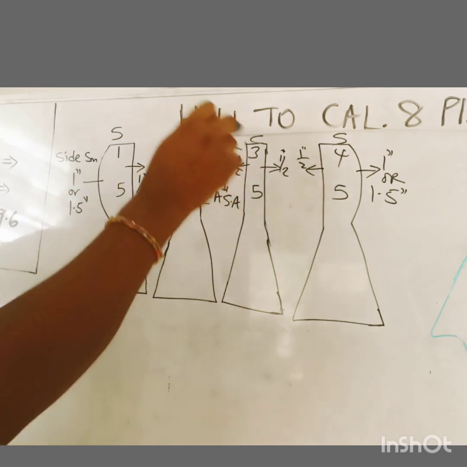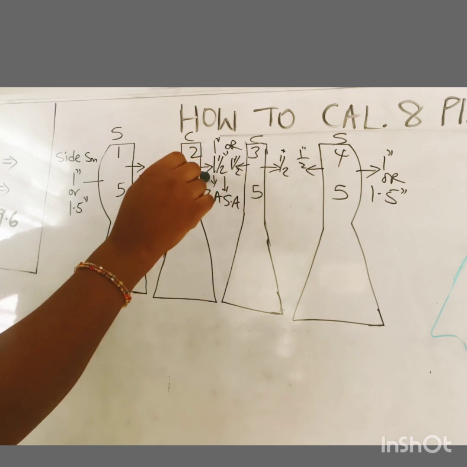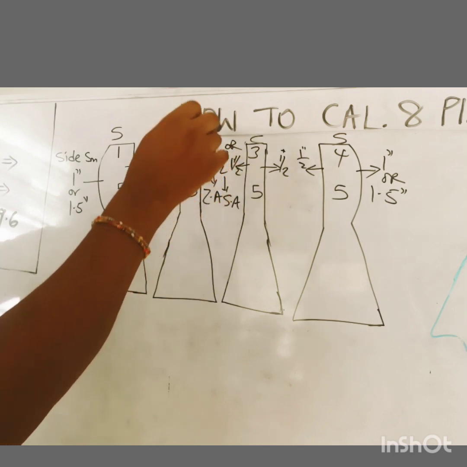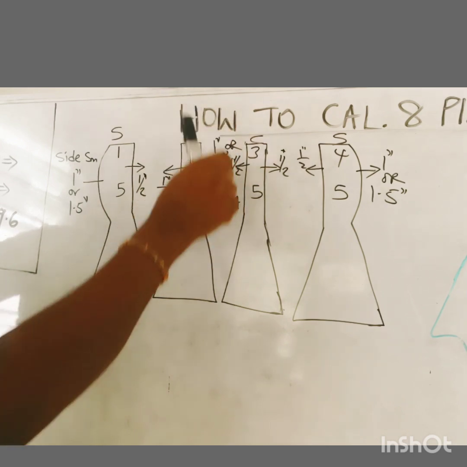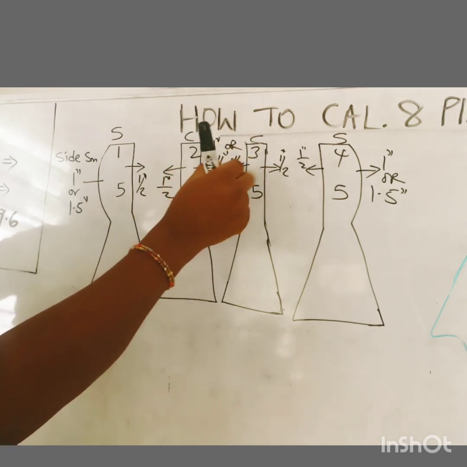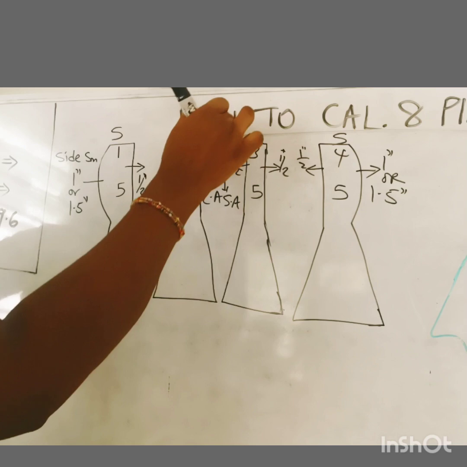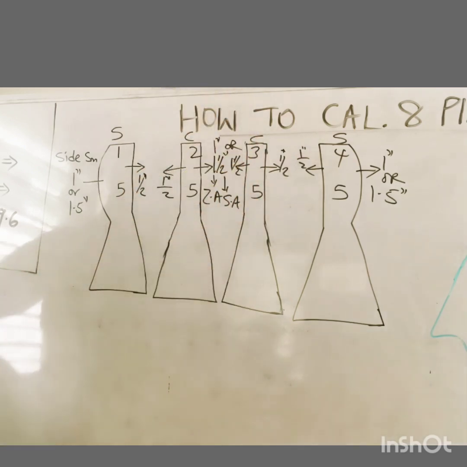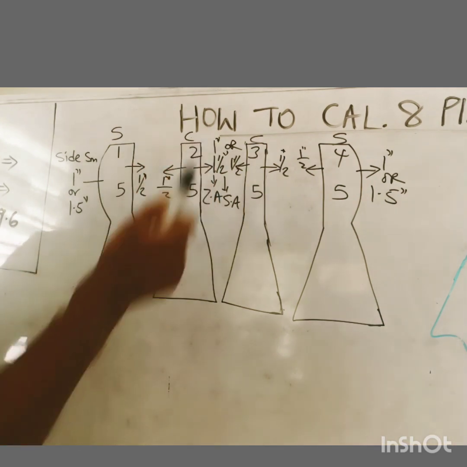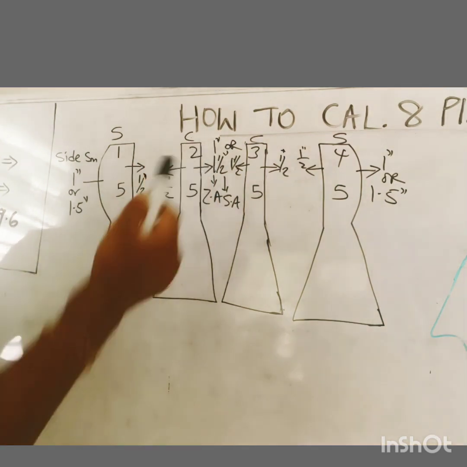Then for the back piece, because it is a panel skirt, and there is a zipper, you need 1 or 1.5 to use to join these two together, because once you join these two together, in the middle you are going to have the zip. So if you use 1/2 inch, it may be too small for the zip, so you can use 1 inch or you use 1.5.